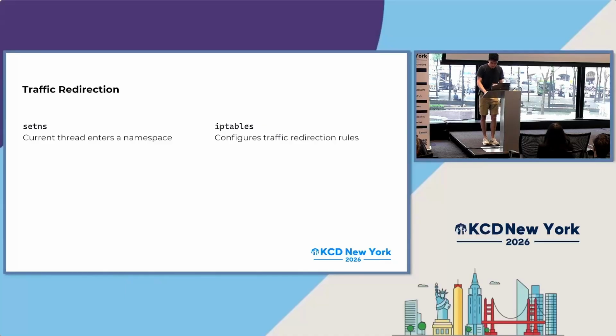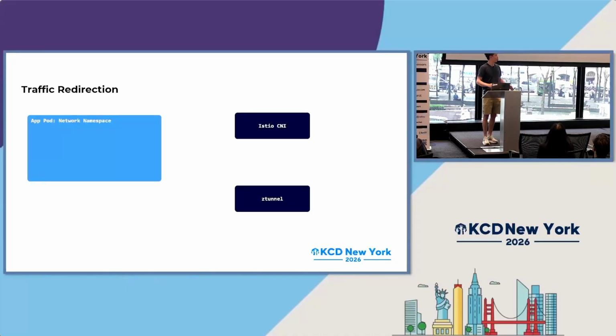And just to get a good diagram, when a pod starts, a network namespace is created by Kubernetes. That network namespace is then going to be configured by the primary CNI, as we saw earlier, to create your basic devices, interfaces, and routes. And this is all very standard and necessary for any Kubernetes cluster. But then Kubernetes is going to invoke the Istio CNI.